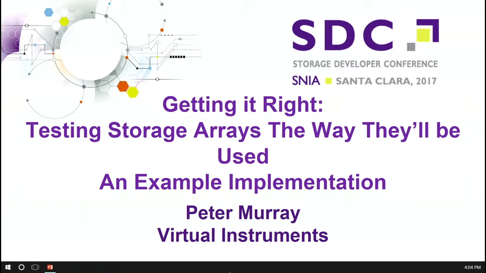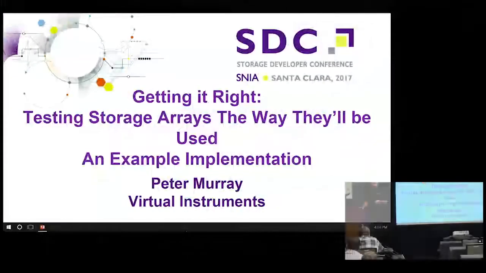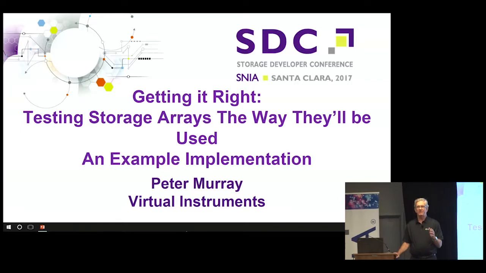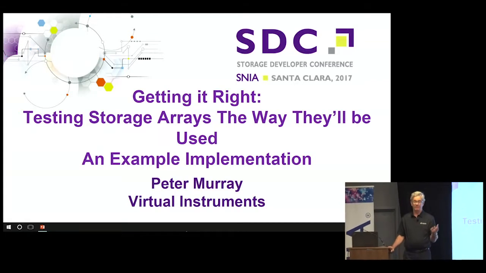Today I'm going to talk about how we do this, and let me admit up front, this is proprietary. We sell what I want to say is the best load generator on the planet. I'm not supposed to say that, right? But anyway, we sell a load generator with up to 8 ports of 16 gig Ethernet, 10 gig Ethernet, or 16 gig Fibre Channel.